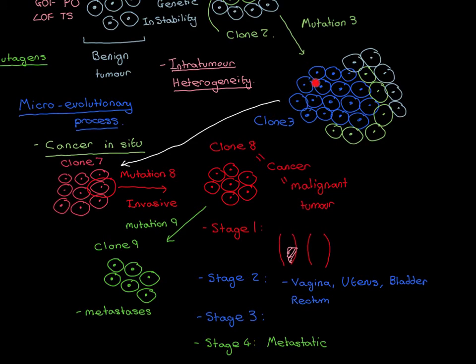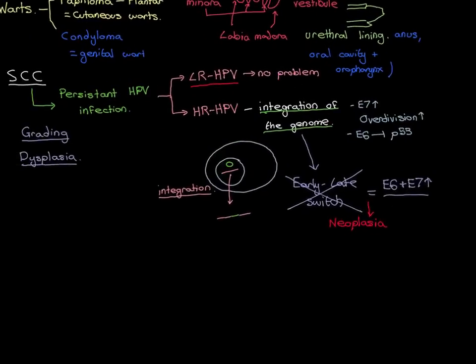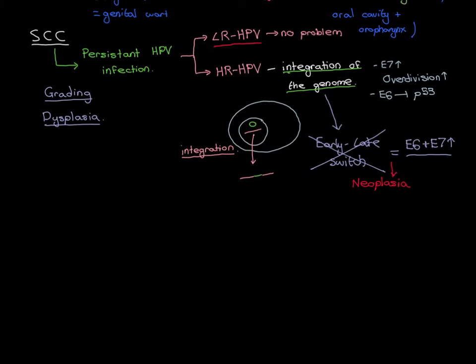And when you have a bunch of cells that are dividing aberrantly, this is called dysplasia. Now, in the cervical squamous stratified epithelia, you are going to get cervical dysplasia, and we grade this cervical dysplasia into 3 different grades. And these are known as SIN1, SIN2 and SIN3. So I just want to explain this grading system.